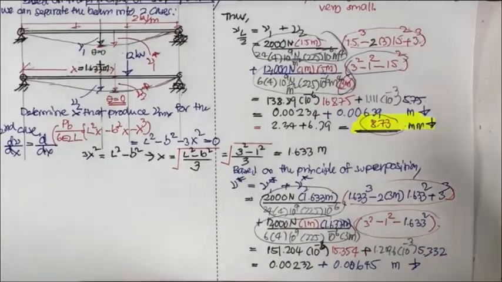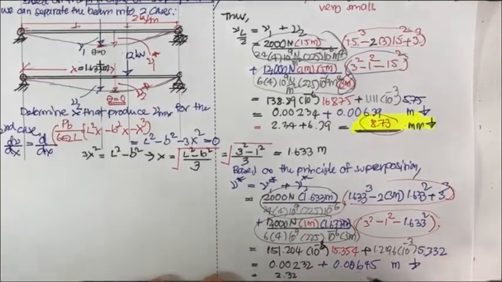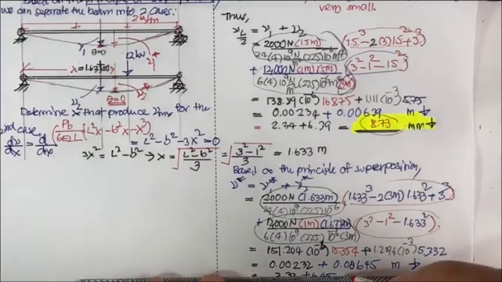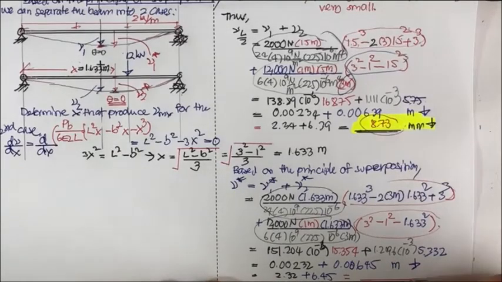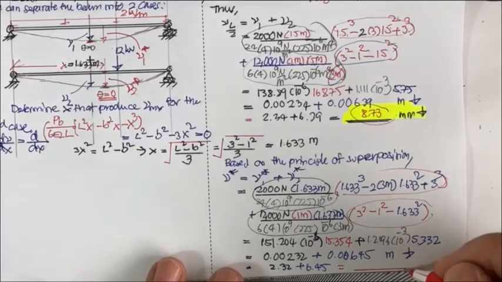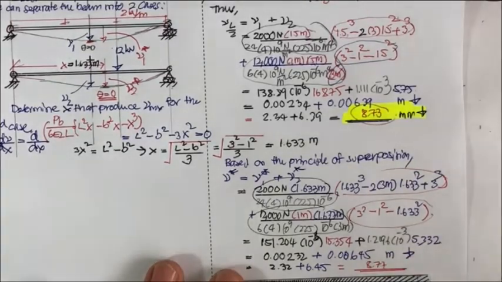If you make another conclusion, this one is going to be 2.32 plus 6.45, and then you will get 8.77 millimeter.